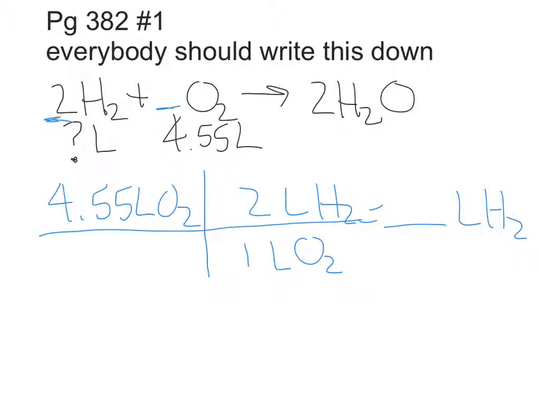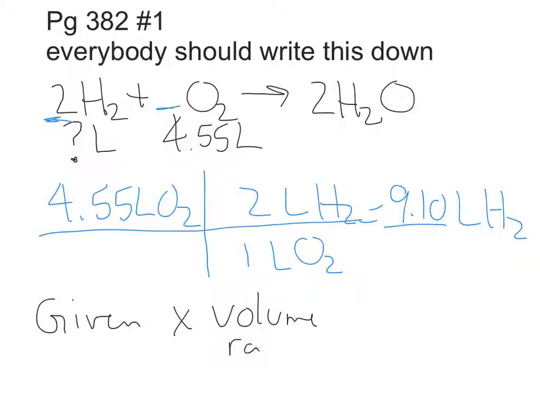We get a 1 from here. 4.55 times 2 is 9.10. All right, so let's just refresh what we did. We wrote down the given, and we times it by the volume ratio, often called the liter ratio, which looks just like the mole ratio, to get our answer.